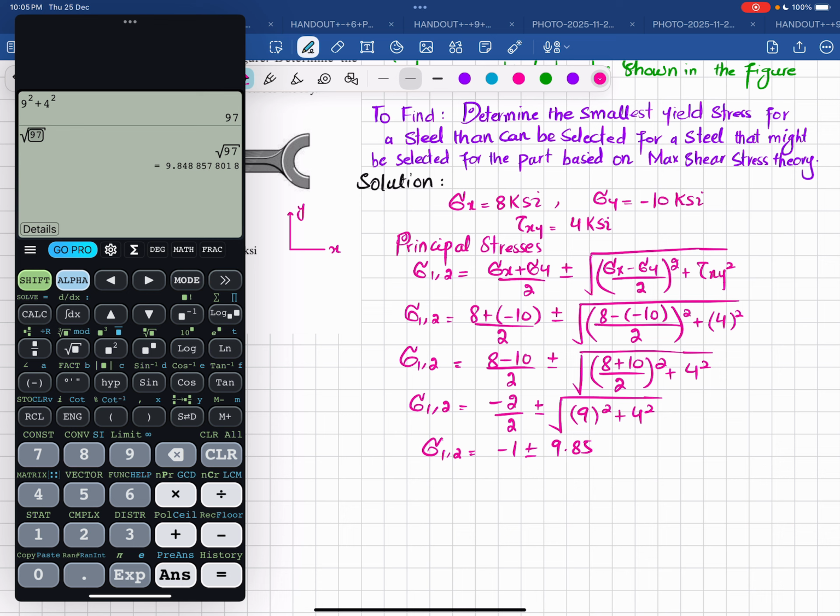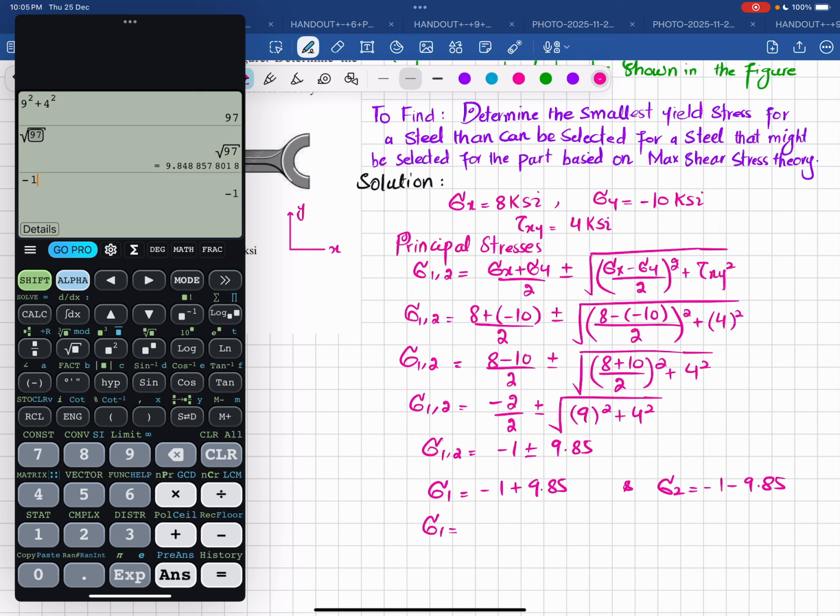So we get sigma 1 equal to minus 1 plus 9.85 and sigma 2 equal to minus 1 minus 9.85.